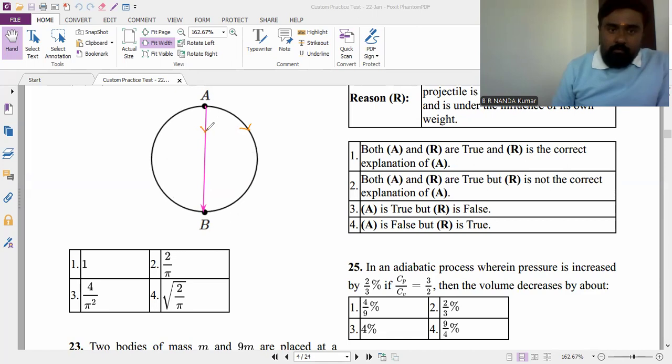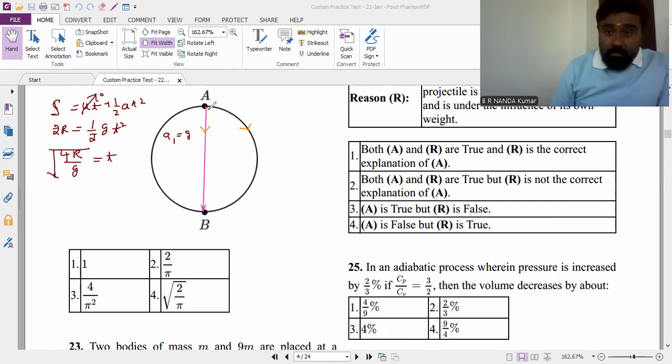The first particle is dropped, so its acceleration is g, and we use the formula s is equal to ut plus half a t square. It is moving downwards under gravity. Dropped means u is 0, so a becomes g. So 1 by 2 g t square, and the displacement from A to B is the diameter 2r. So t is root of 4r by g.